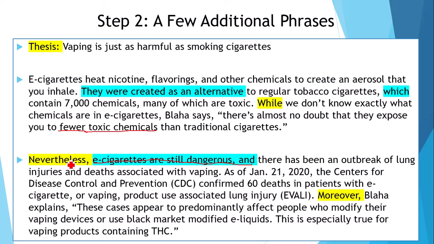And now we explain that a little bit more. Even though they have fewer toxic chemicals, they're still dangerous. And again, this points a lot more clearly to the thesis that it's just as harmful as cigarettes. So now we've added a few additional phrases. Things are starting to come together, and let's connect our ideas fully.